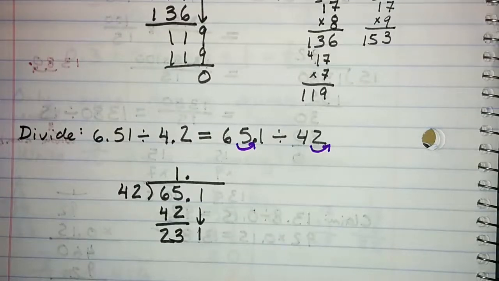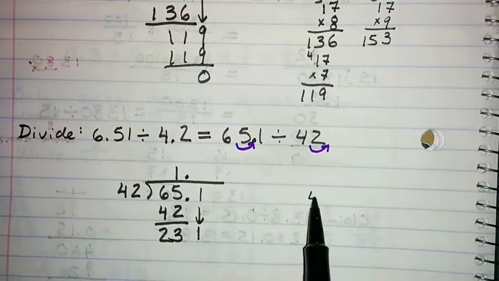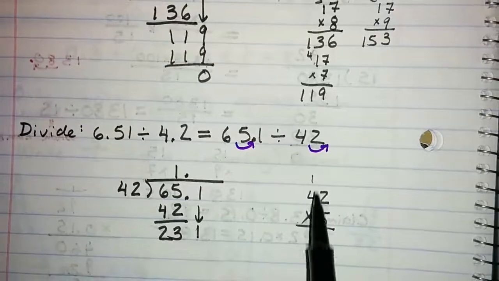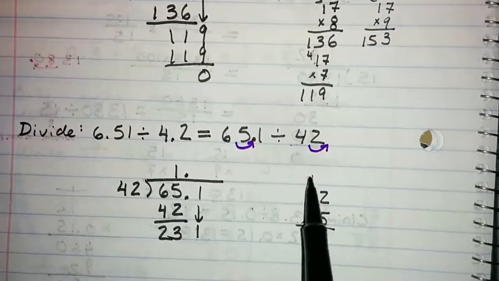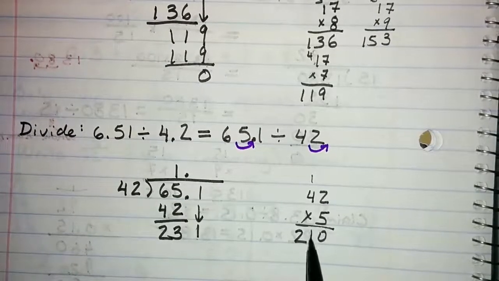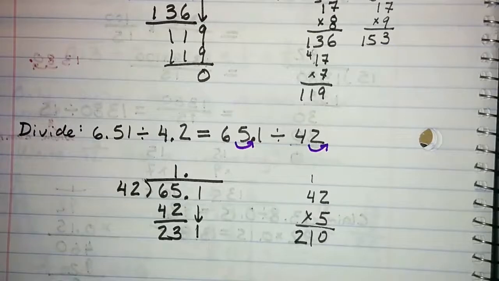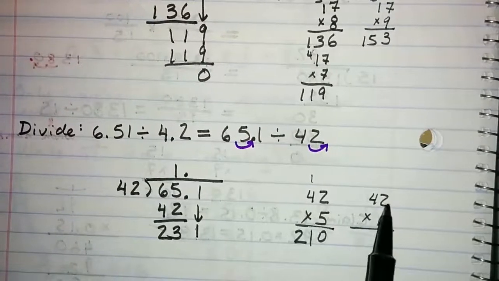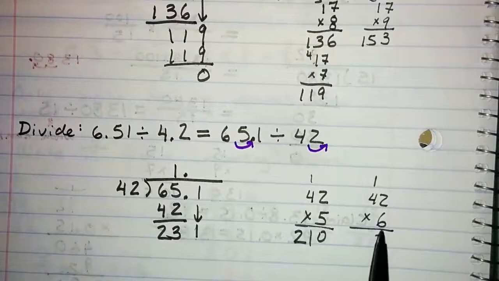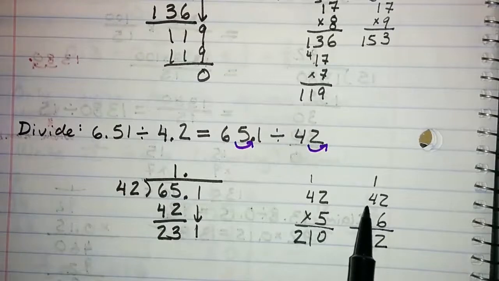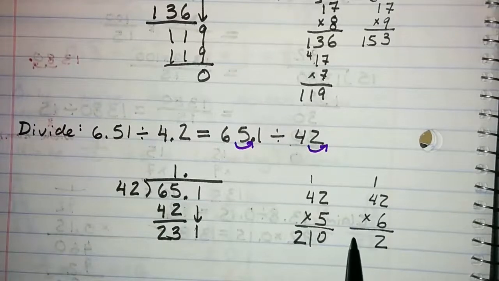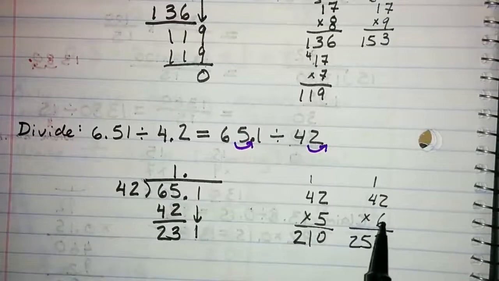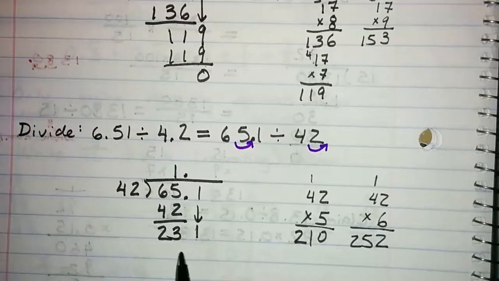42 goes into 231, maybe 5 times. 2 times 5 is 10. 5 times 4 is 20. Add 1 is 21. Yeah, that's going to be enough, I think. 42 times 6. 6 times 2 is 12. 6 times 4 is 24, plus 1 is 25. Yeah, 6 is too big.